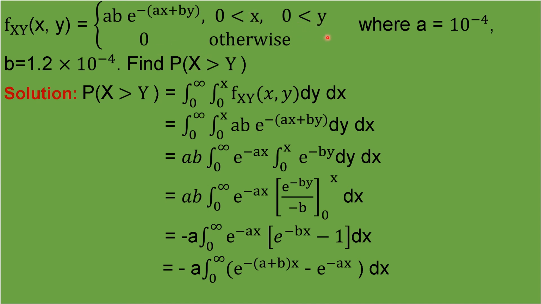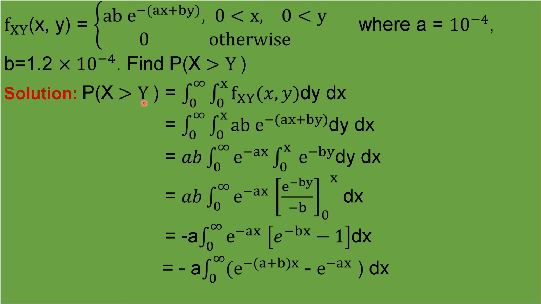For all positive x and y values, f_xy(x, y) is ab e^(-(ax + by)), where a is 10^-4 and b is 1.2 x 10^-4. Find the probability that x is greater than y, or the probability that y is less than x.